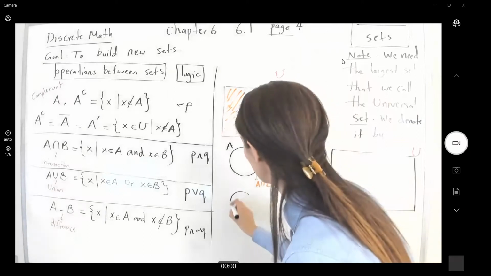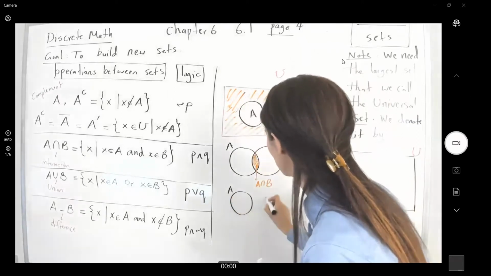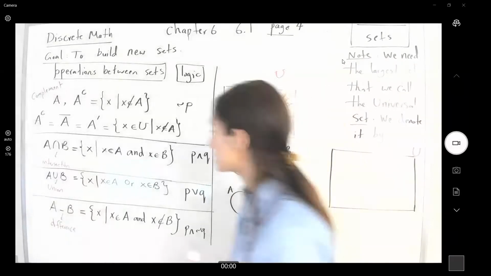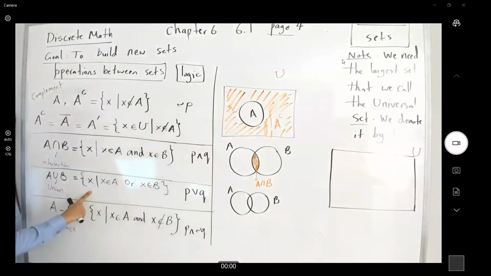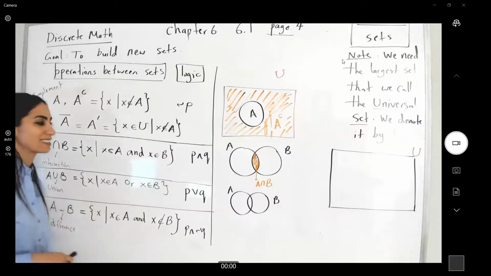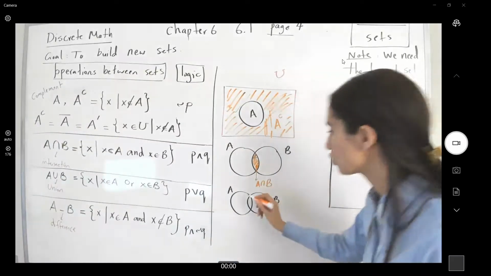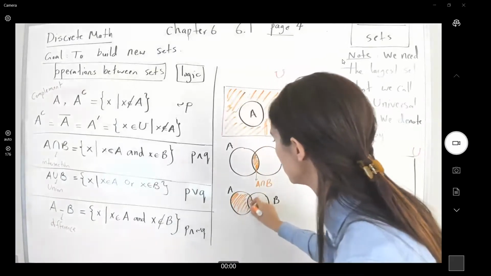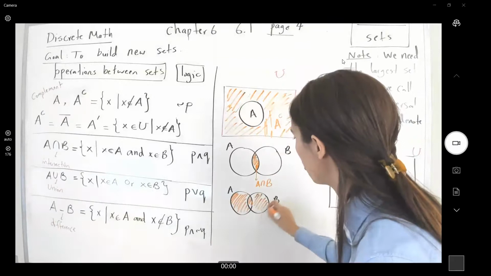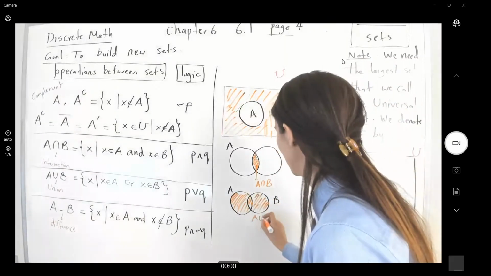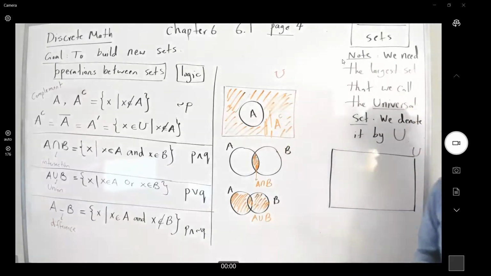Suppose you have two sets, A and B. The union between them, read this carefully, says all the elements X such that that element is in the first set or in the second set. So we shade all elements in set A, their intersection, and all elements in set B. This is A union B.